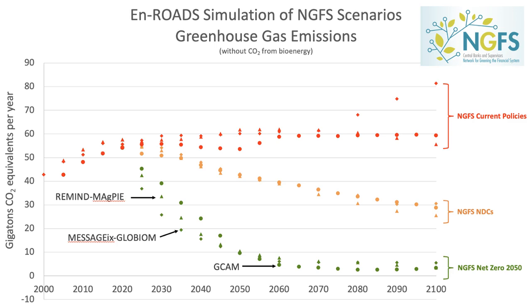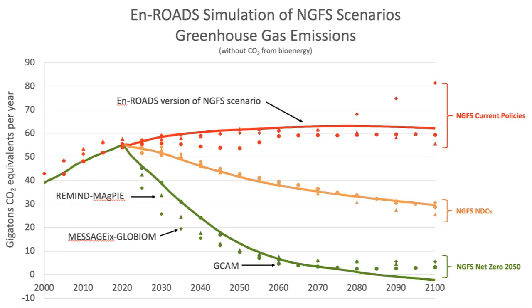We input into En-ROADS similar inputs as their models and see what is the output. And now you can see our results relative to theirs. We compare against the others, look for gaps, learn and improve the model and overall build our confidence in En-ROADS.